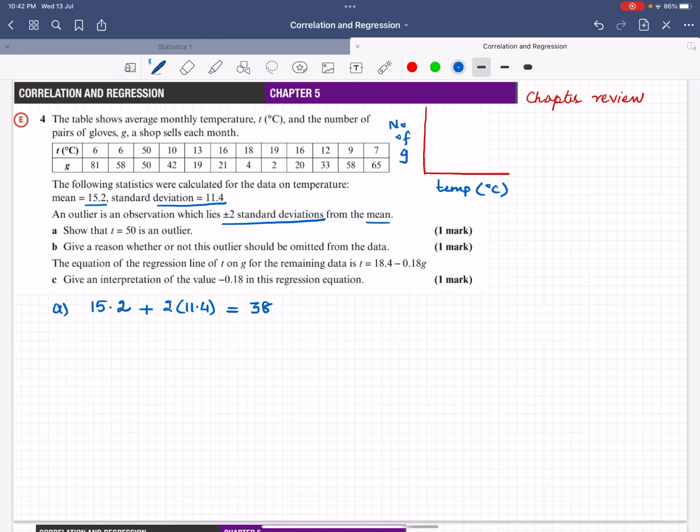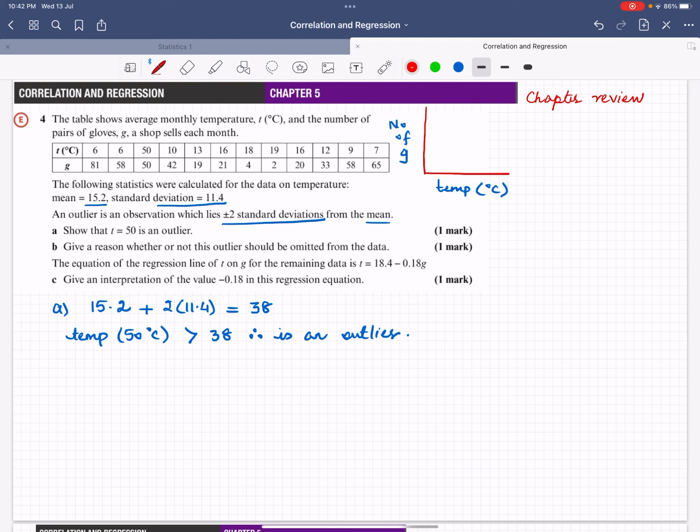So we write temperature of 50 degrees Celsius is greater than 38, therefore is an outlier. That answers part A.